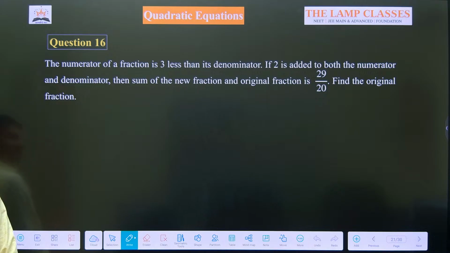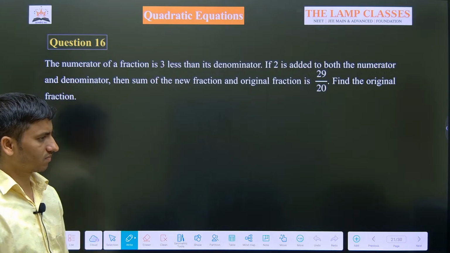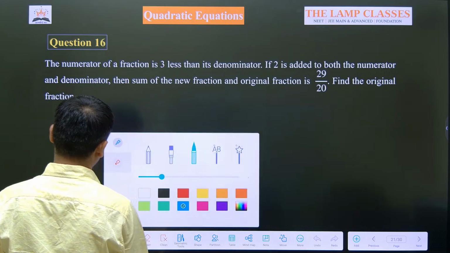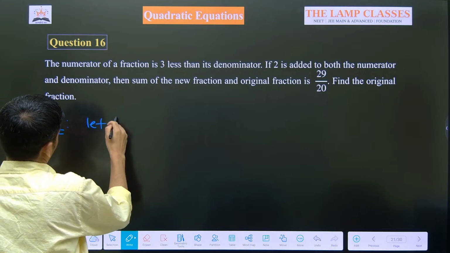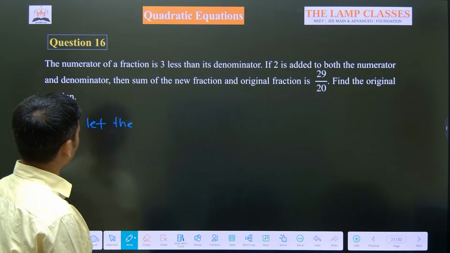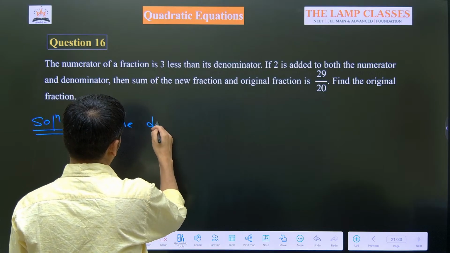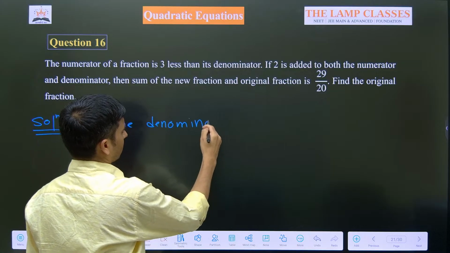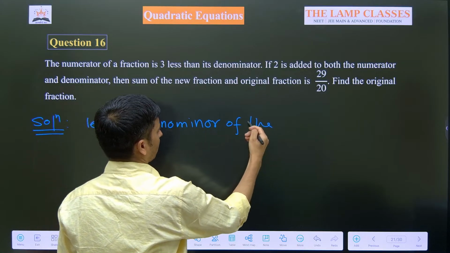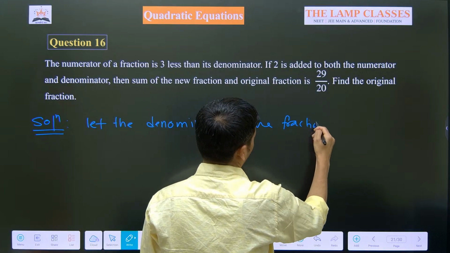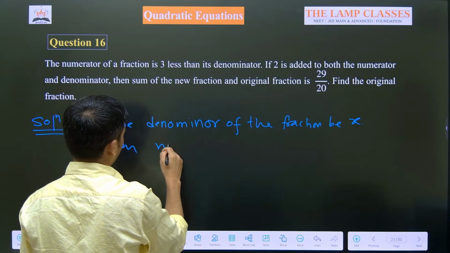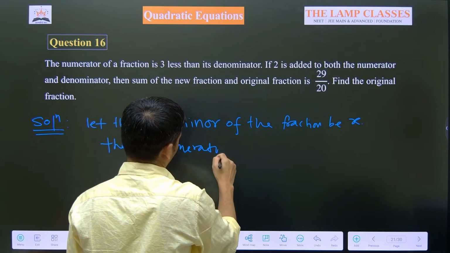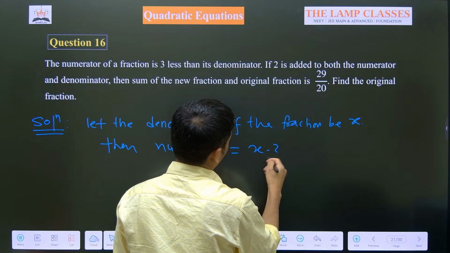The numerator of a fraction is 3 less than its denominator. We can start by assuming that.